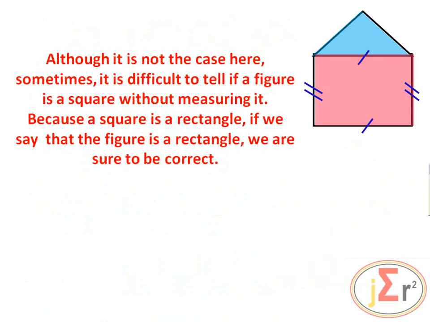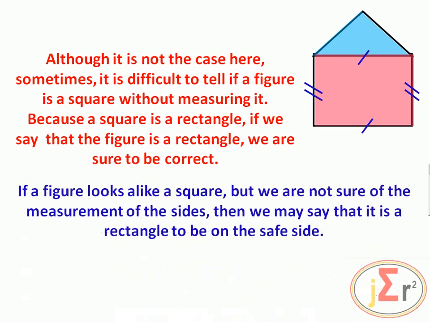Although it is not the case here, sometimes it is difficult to tell if a figure is a square without measuring it. Because a square is a rectangle, if we say that the figure is a rectangle, we are sure to be correct. So, if we are not sure and we don't have any dash on the sides, and it looks like a square, and it looks like a rectangle, because a square is a rectangle, if we call it a rectangle, then we are sure to be correct.